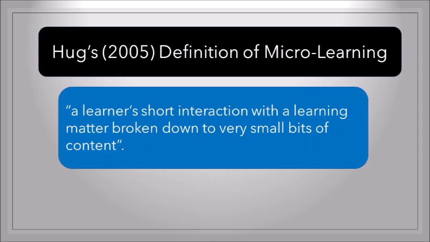Hug's definition of microlearning is a learner's short interaction with a learning matter broken down to very small bits of content. Learning processes that have been called microlearning can cover a span from some seconds, for example in mobile learning, to minutes, for example learning objects sent as email.